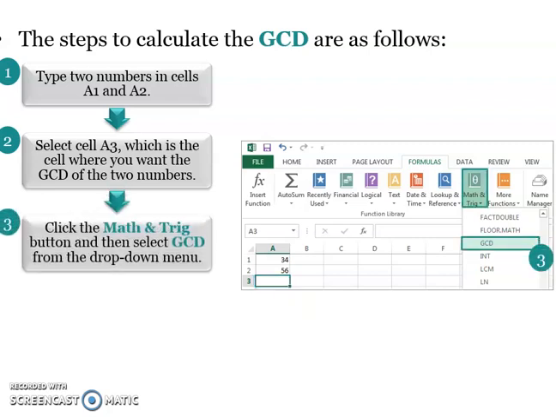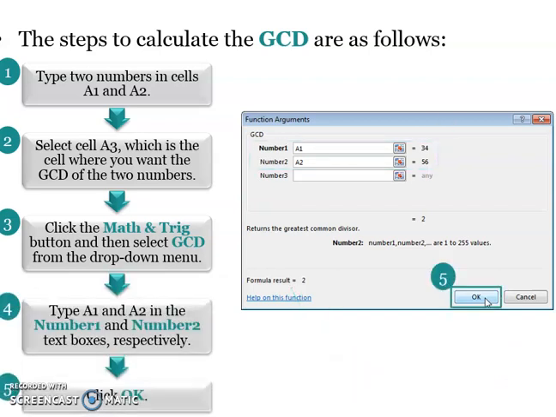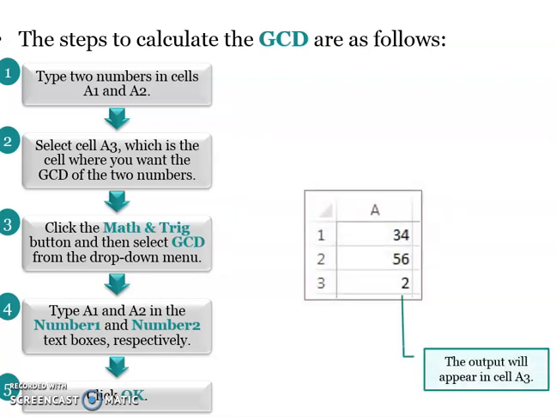Then go to Math and Trig, select GCD, which means greatest common divisor, from the drop-down menu, and this type of dialog box appears, and you see that the answer is equal to 2. Click on the OK button and your output will be produced.